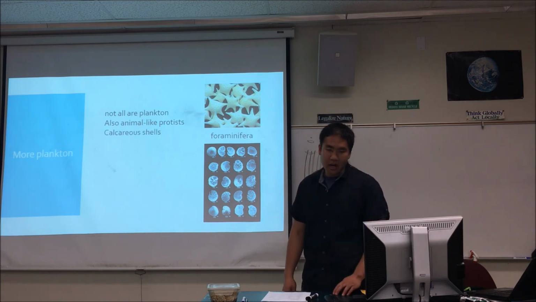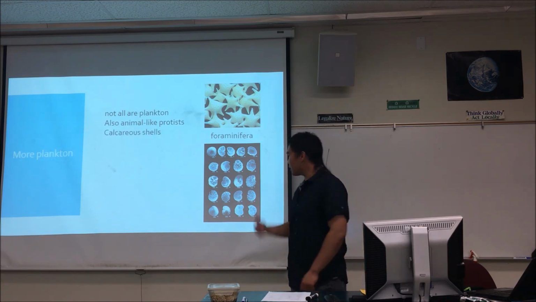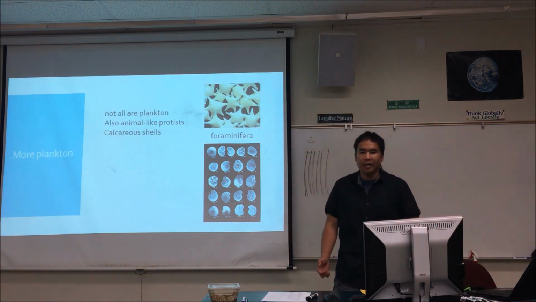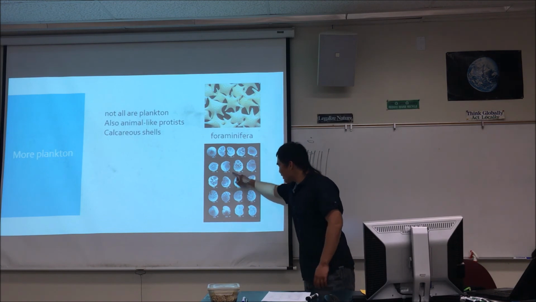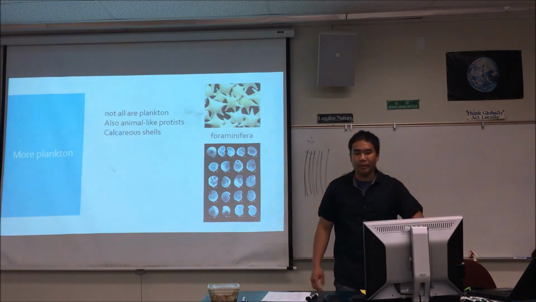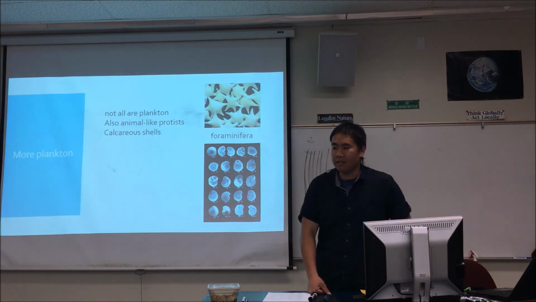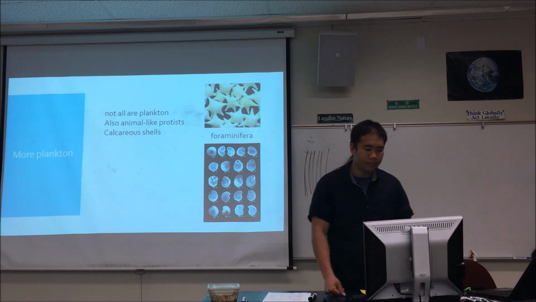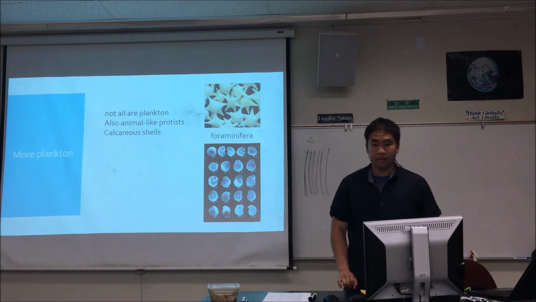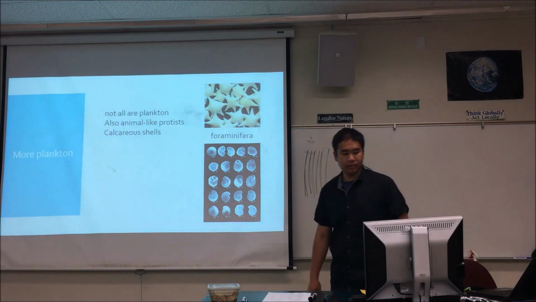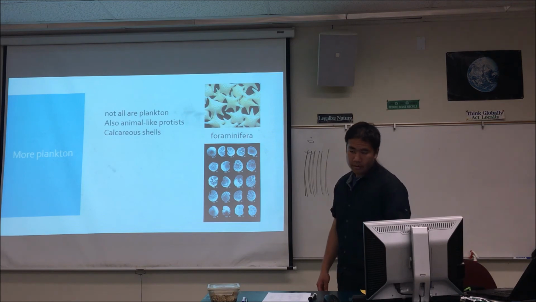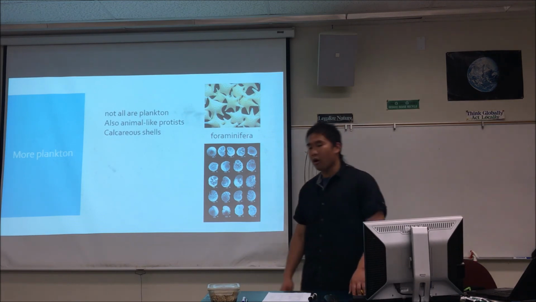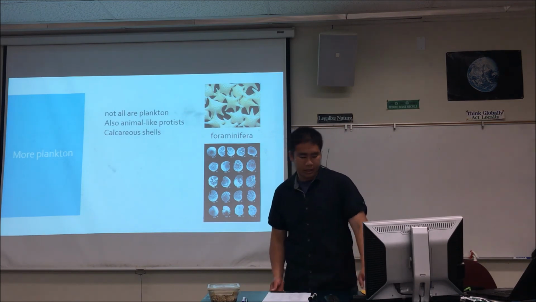So they're not both siliceous. We have a siliceous one and we have a calcareous one, foraminifera. They even look a little bit like snail shells, maybe that'll help you realize it's calcareous. Okay, so these are the two hard-shelled ones, and I'm going to show you one that doesn't have a shell.